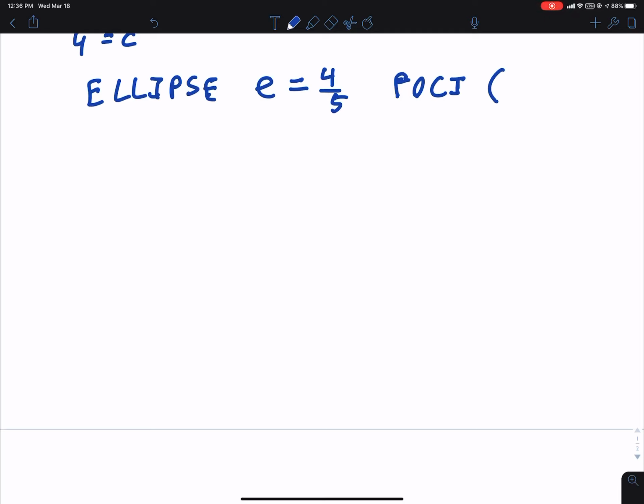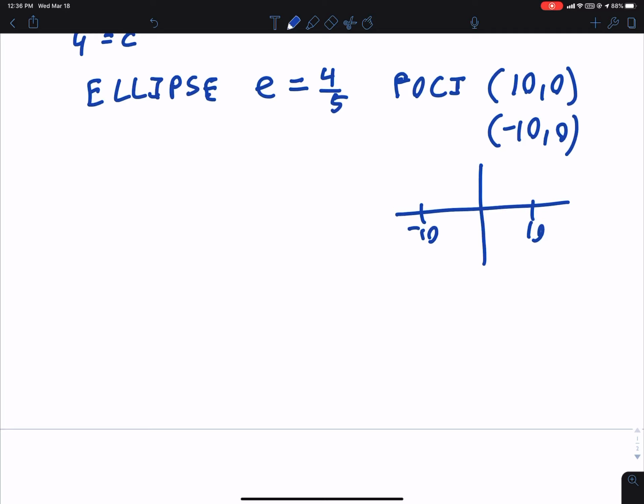Let's go crazy a little bit here, 10, 0, and negative 10, 0. That's going to put our center halfway between. So our center would be right there. And then this distance would be C, which would be 10. So could we find our ellipse?